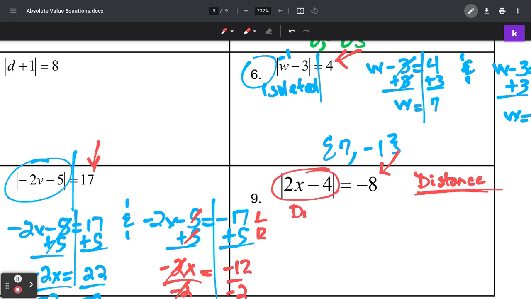So basically, I'm just going to use the word distance. Some distance equals -8. That's what that says. Regardless of what this is, it's an absolute value, so it has to be distance. So some distance equals some negative.